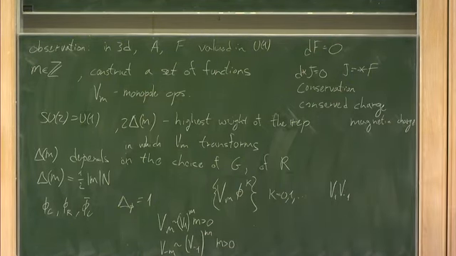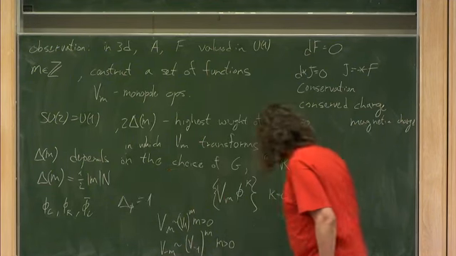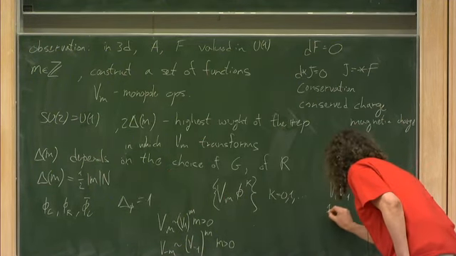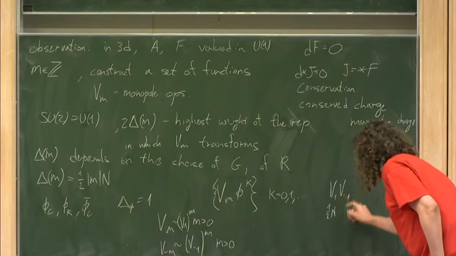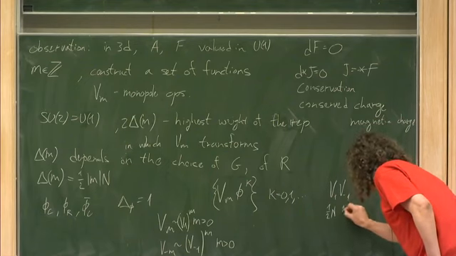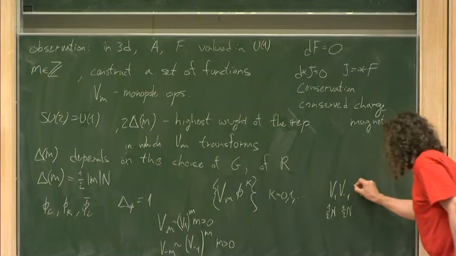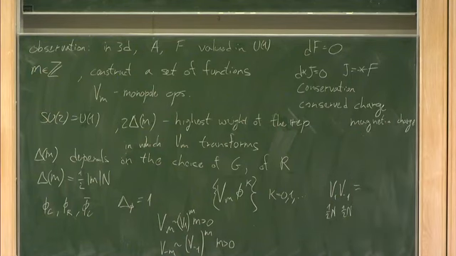However, the delta does not match, right? Because the delta for this one is going to be half n, and for this one also half n. So I cannot write here that the identity will be there. V_0 by definition will be the identity. So it's not consistent to have the identity here.